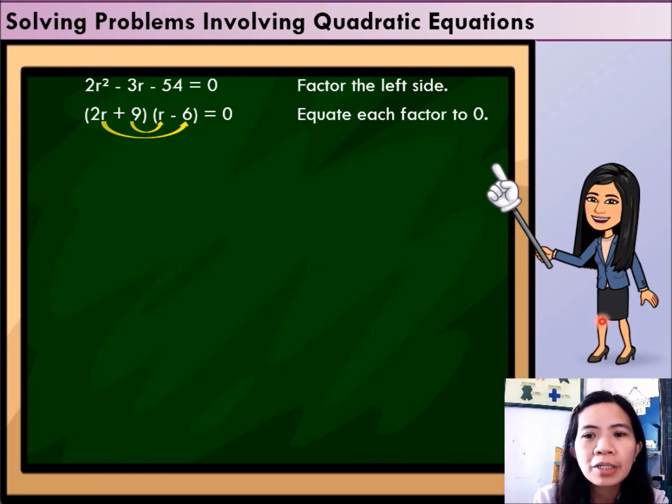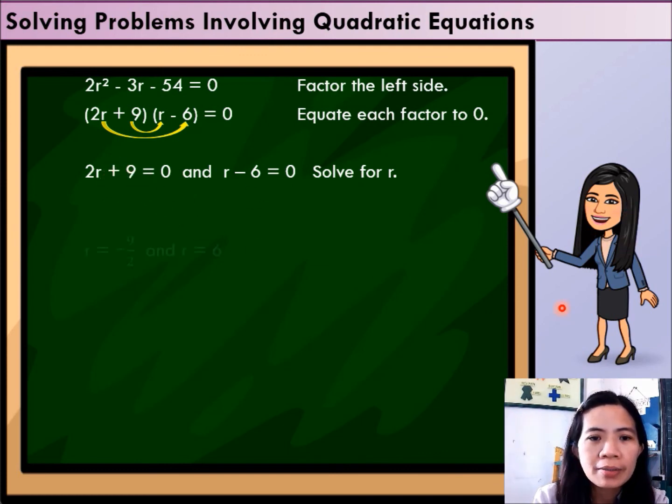Then we equate each factor to 0 and solve for the value of r. The first one is r equals negative 9 over 2. We get the additive inverse of positive 9, that's negative 9, then divide both sides by 2. So r equals negative 9 halves.